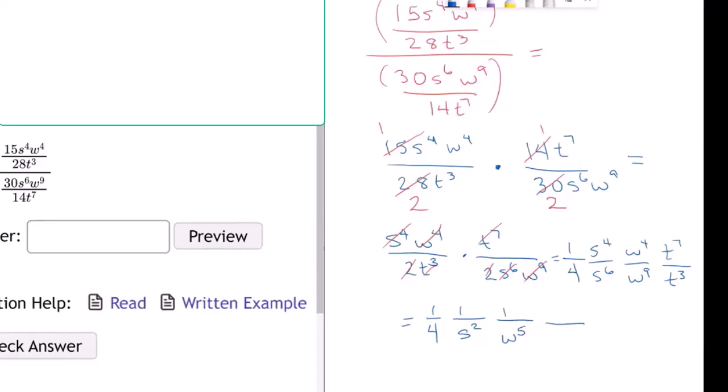And T to the 7th over T to the 3rd has got 4 more T's in the numerator than the denominator. My final answer, I multiply everything along the top, all the numerators together, and then I multiply all the denominators together. And that is my final answer.